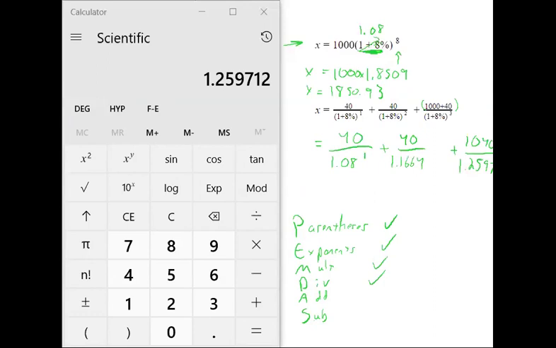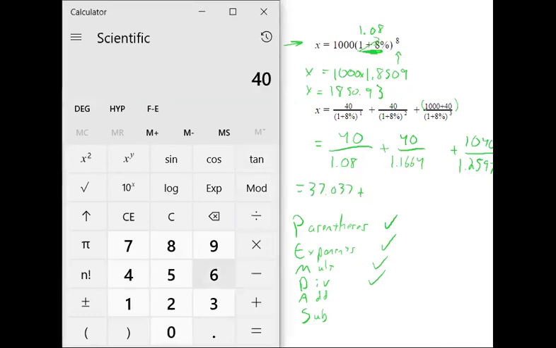Now we can put these into our calculator. We've got 40 divided by 1.08. And to the first power, it is just 1.08. So I'll just erase that. And you get 37.037 plus.